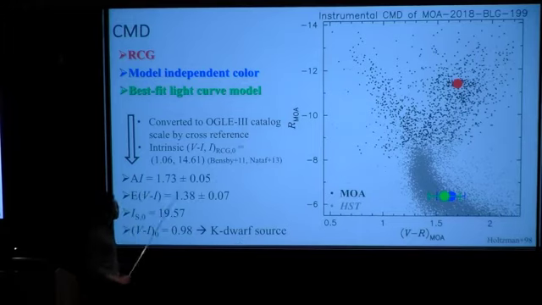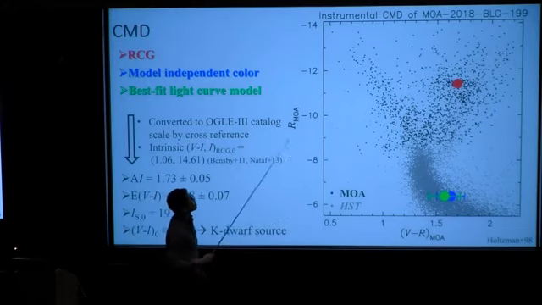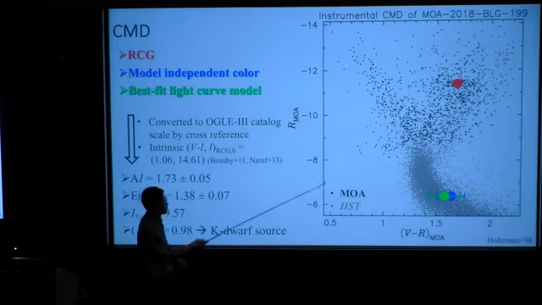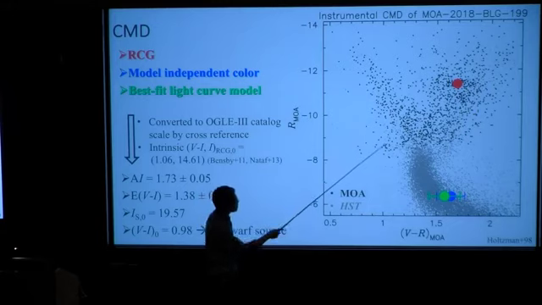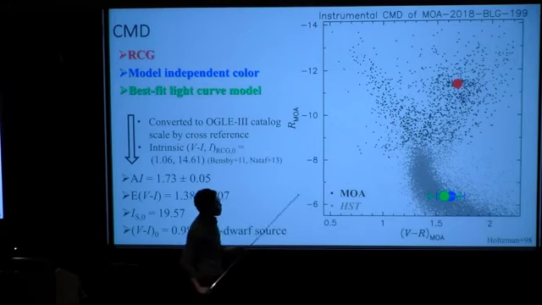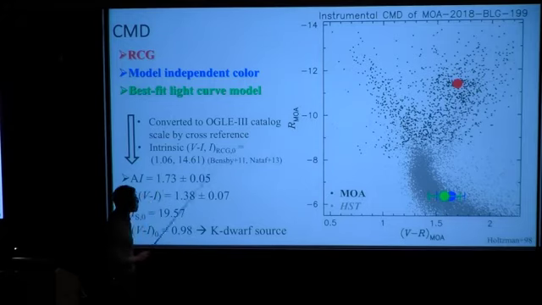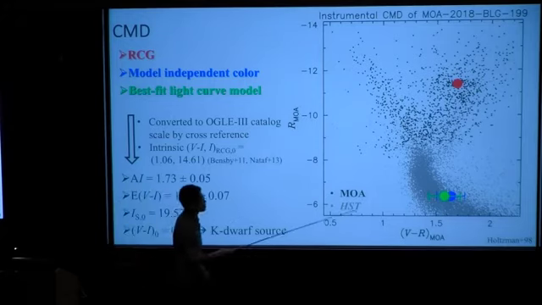Here is a color magnitude diagram, but the magnitude scale is instrumental, since I'm using the MOA red and V band, and the red clump giant is here. We estimated the source color with two different methods. One is a light curve model independent color, indicated in blue.